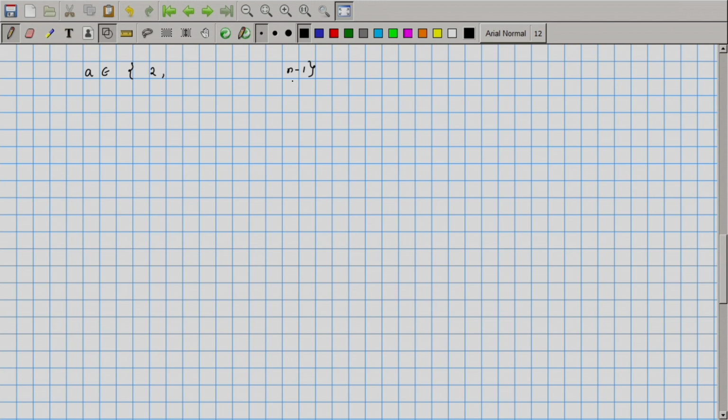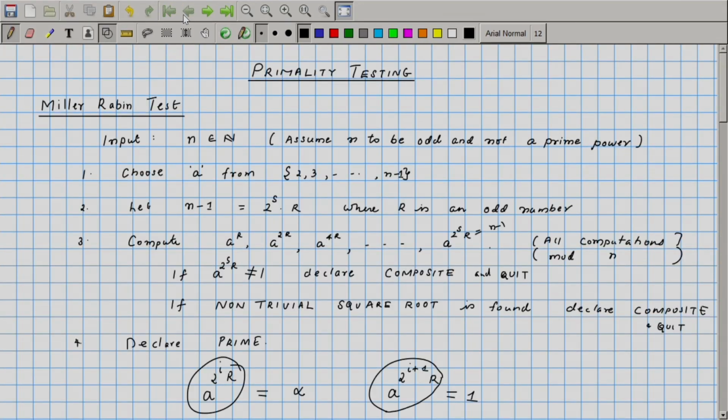Now, let us look at this question. If n was a composite number, then how many of these A's will pass these tests? If we call this test 1 and this test 2, how many of these A's will pass the test? The A's which pass this test essentially bear false testimony to the primeness of n.